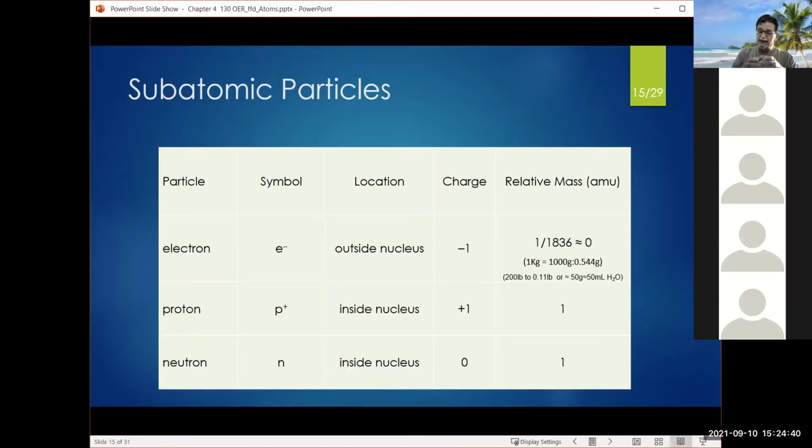The proton's inside the nucleus. It has a letter P, superscript plus. It has a plus charge, and it has a relative mass of 1. And the neutron, which is a crucial part of the stability of the atom, is neutral in charge, okay? Hence the term neutron. It has a 0 charge, and it also has a relative mass of 1. Now, we're going to learn that neutrons are what create what are called isotopes.